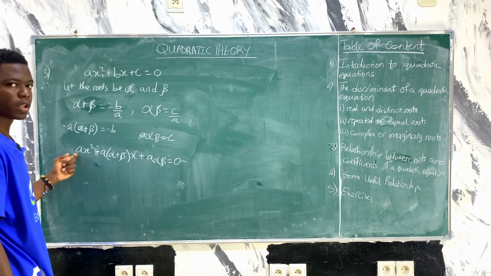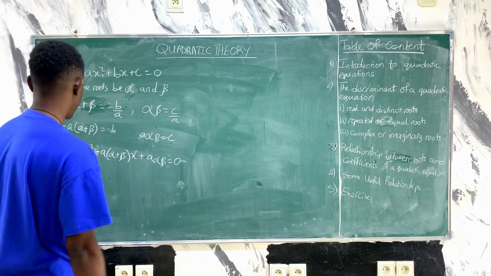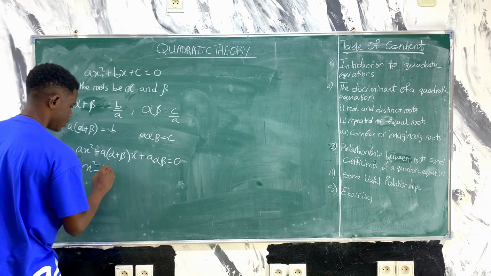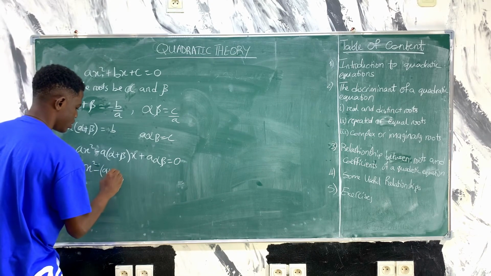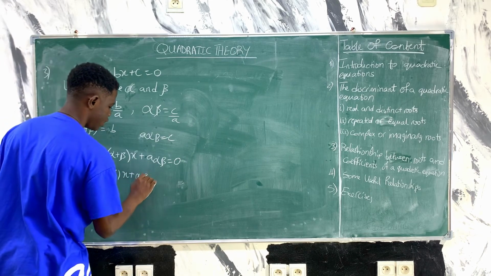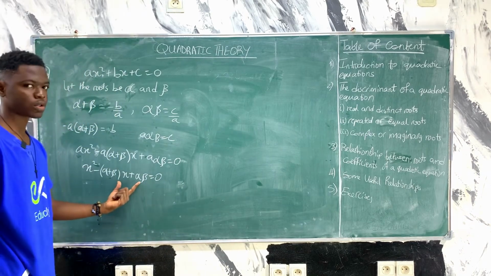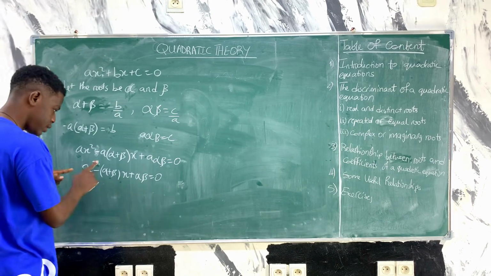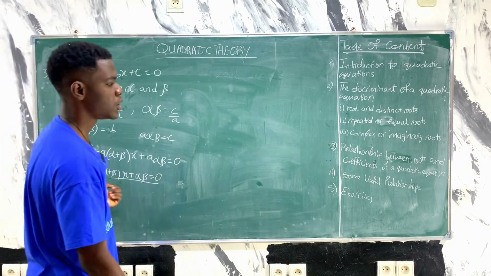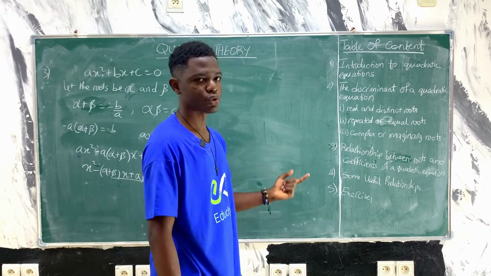I can see that a is common, so I can just divide all through by a, and I'm going to have x squared minus sum of roots x plus alpha beta equal to 0. So in terms of its roots, this is how you write the quadratic equation, without the a. So this is the relationship between the coefficient of a quadratic equation and its roots.